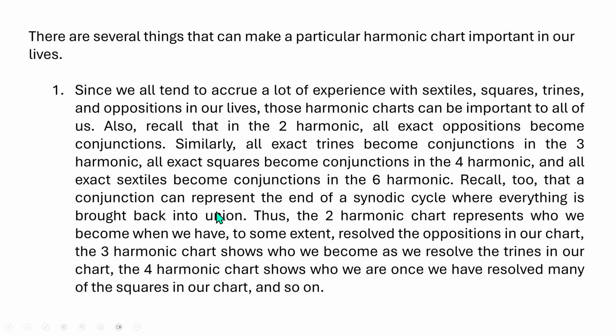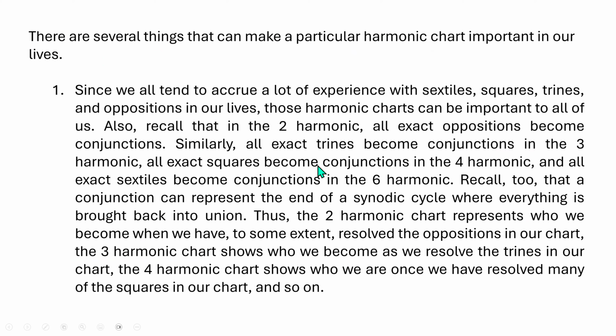And recall too, as I said earlier, a conjunction can represent the end of a synodic cycle where everything is brought back into union. Thus, the 2 harmonic chart represents who we become when we have, to some extent, resolved the oppositions in our chart and learned how to integrate with the other. The 3 harmonic chart shows who we become as we solve the trines in our chart.